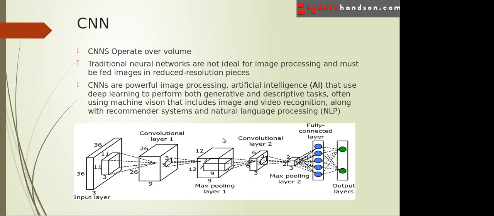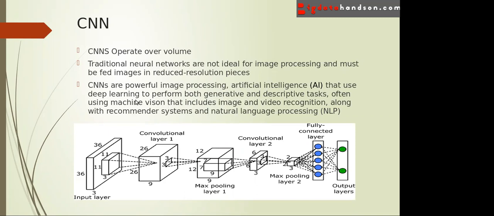Not only images, but also generative and descriptive tasks, machine vision, image and video recognition, and recommender systems. In recommender systems also we use the convolutional neural network, so we'll see that in the upcoming sessions. And in natural language processing also we use the convolutional neural network.